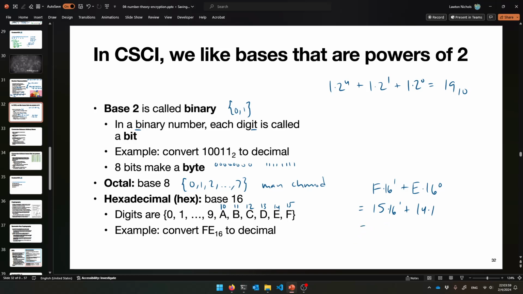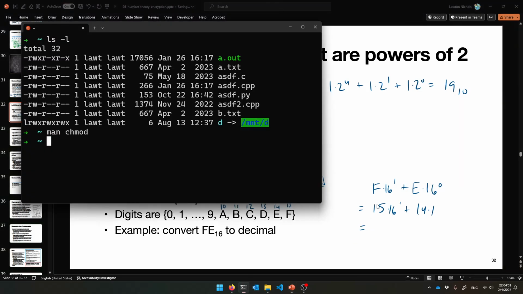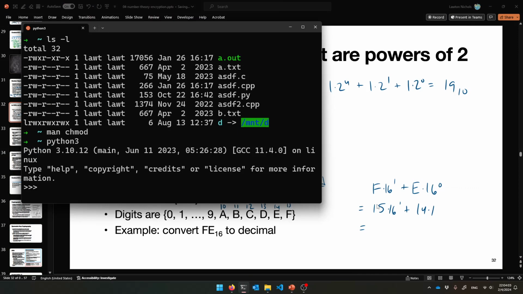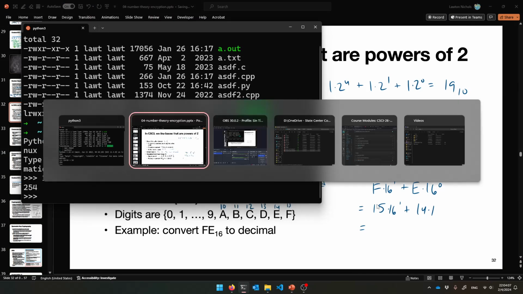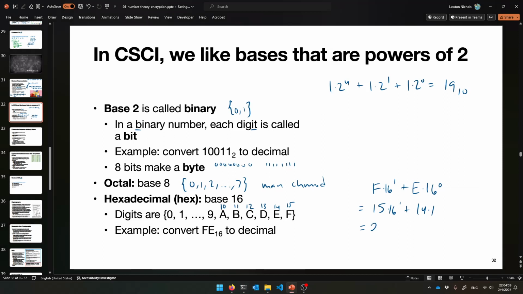And then if you do the math, we have 15 times 16 plus 14, that's 254. That's what that meant in decimal land. If you want to type, sometimes it's easier to write hexadecimal numbers rather than binary numbers inside of a computer program.